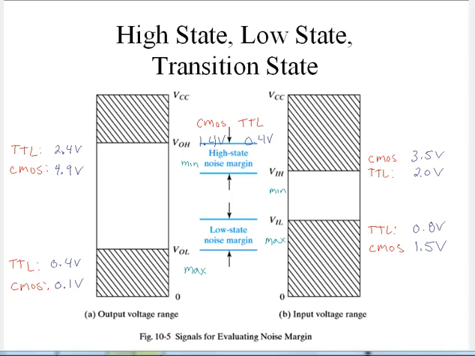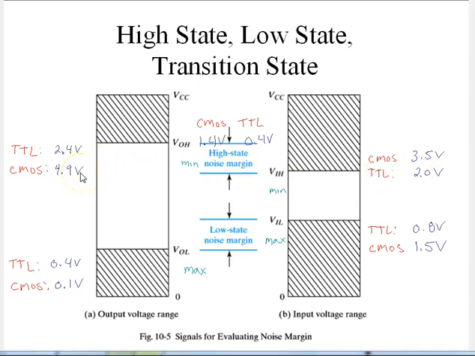So we'll review here our different technologies, TTL or CMOS. If we look here at our noise margin, we have a much larger noise margin at the output voltage than we do at the input side. If we compare, TTL has an output high of 2.4 volts and an input high only needs 2 volts, then that input's going to be considered high.